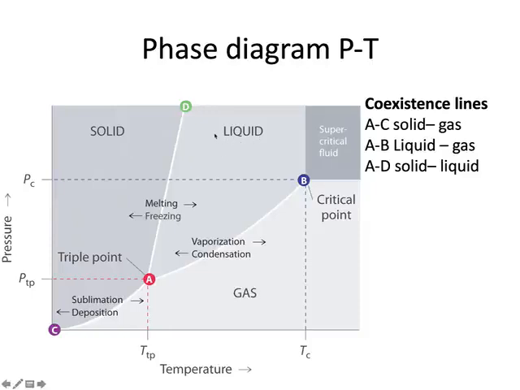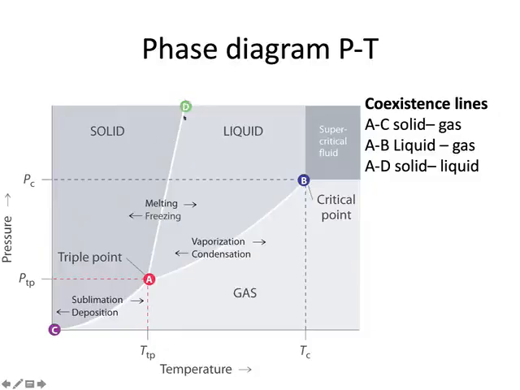So there is no way, even if you increase the pressure a lot and then go back again, of changing between the liquid and the crystal without changing a phase.